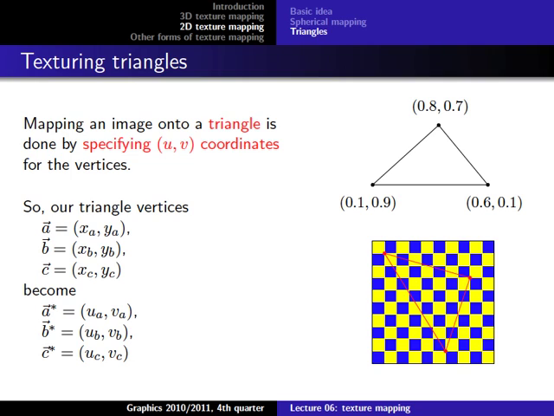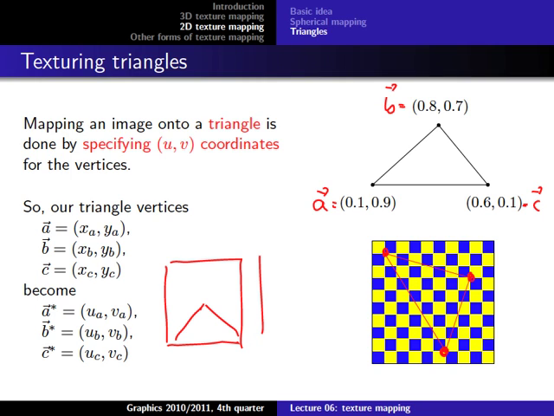So we have, for example, our triangle with three points, three vertices, A, B, and C, that define our triangle. And then we just have to define three points here on the texture. The triangle can be mapped in any possible way. I mean, this is up to us how we define that. We can, for example, also say, of course, one of the most straightforward things is to put the triangle in as it is here.